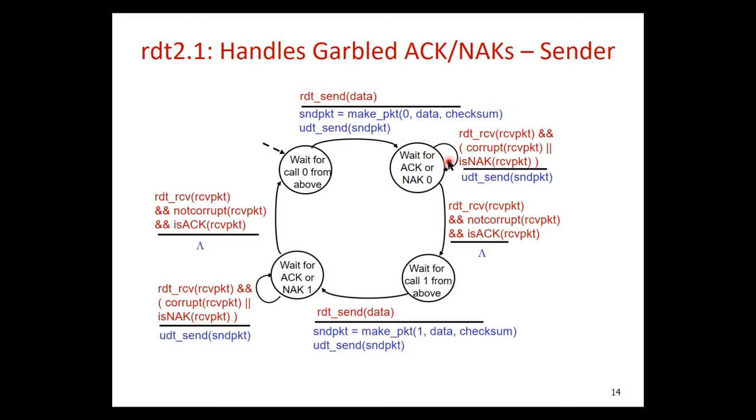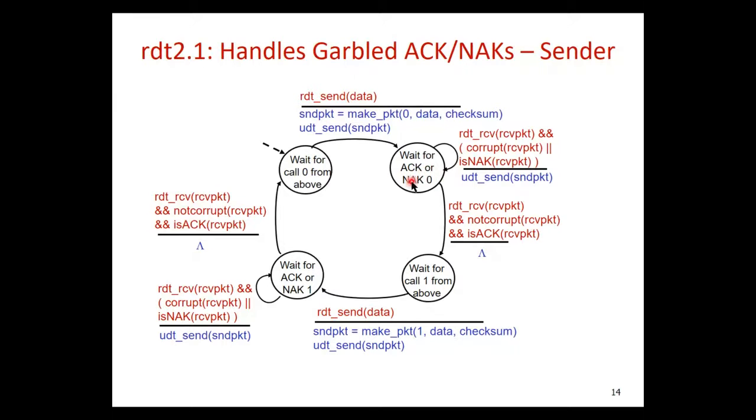So here in this state, there are 2 possible cases. One case is we receive feedback and it is corrupted or it is a negative ACK. In both cases, we're going to retransmit. So corrupted or negative ACK, we retransmit, and then we stay in this state.